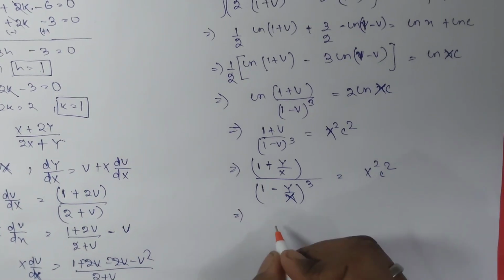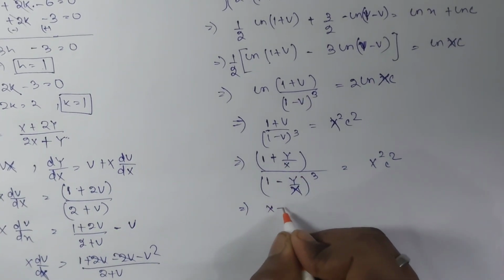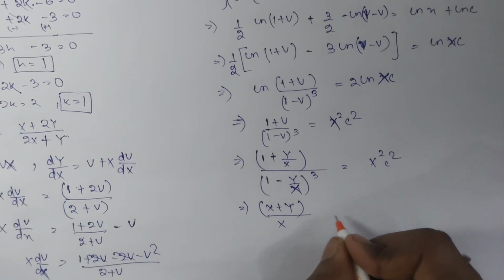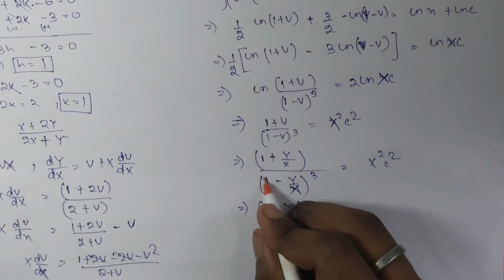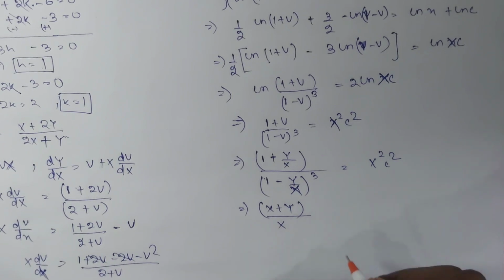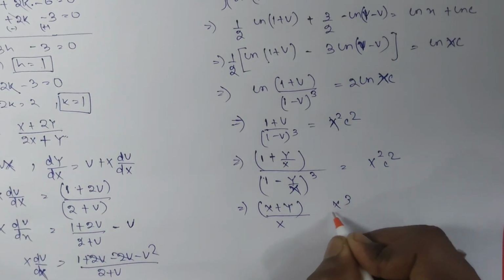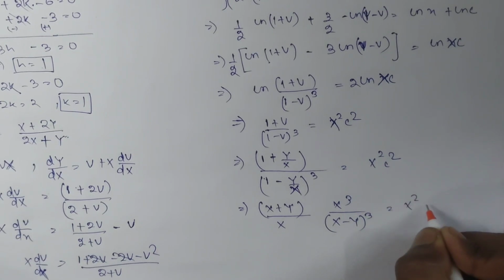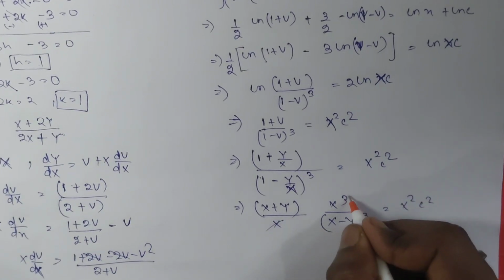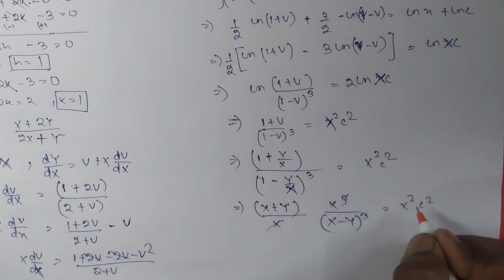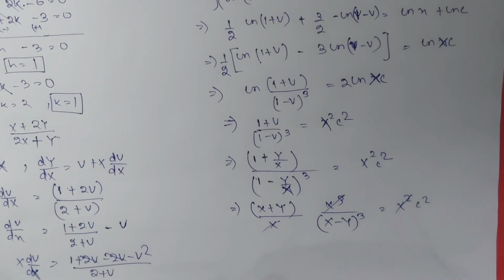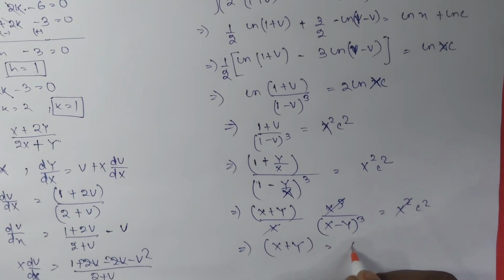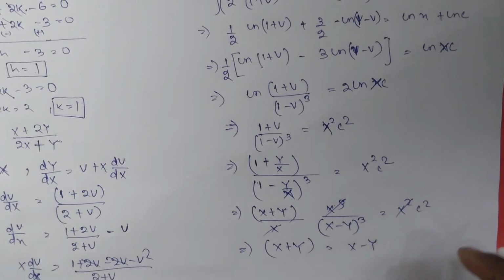Simplify a little bit, and it becomes x plus y by x divided by x minus y whole cube by x cube. So we can write it as x cube by x minus y whole cube, equals x square c square. Then x square cancels out, and now x plus y equals x minus y whole cube times c square.